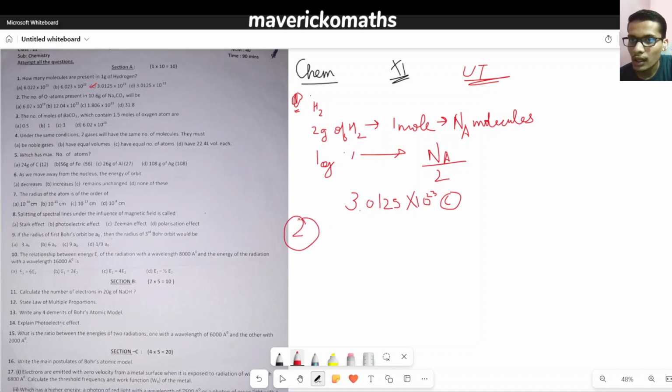In the next question, we are asked the number of oxygen atoms present in 10.6 grams of Na2CO3. To solve this kind of question, firstly we must know the molecular mass of the given compound, Na2CO3. So let's find it out: 2 multiplied by 23, plus 12, plus 16 multiplied by 3.